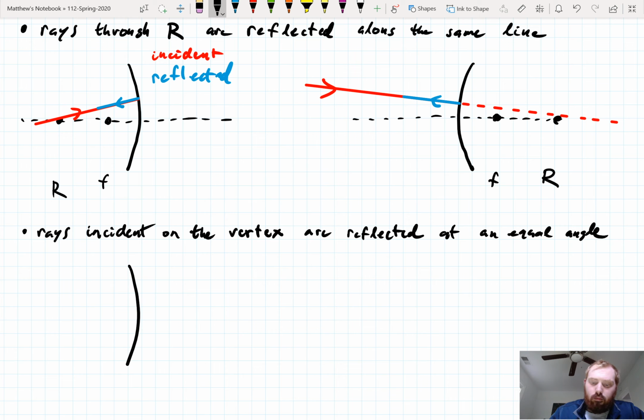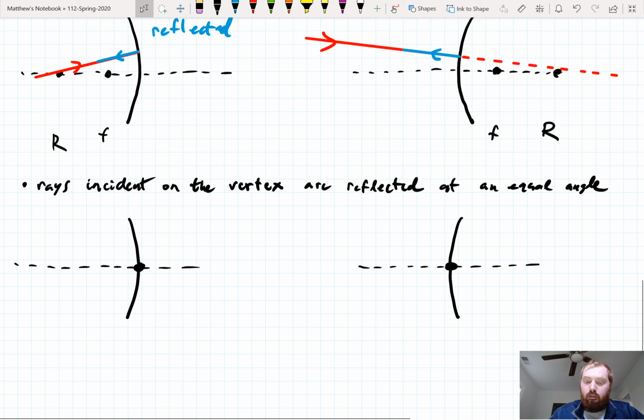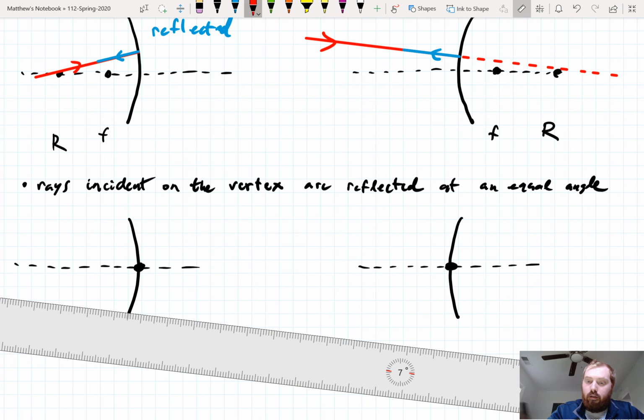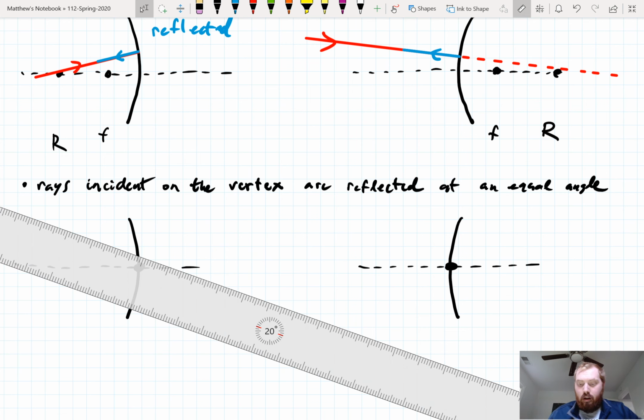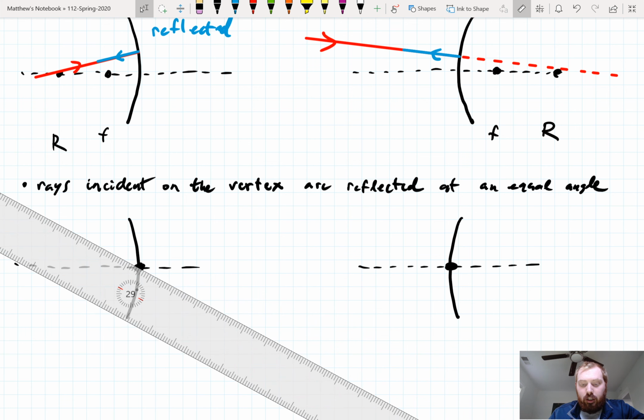All right. Last batch of mirrors. So now there's our vertex right there. So let's come in at a nice 30 degrees.